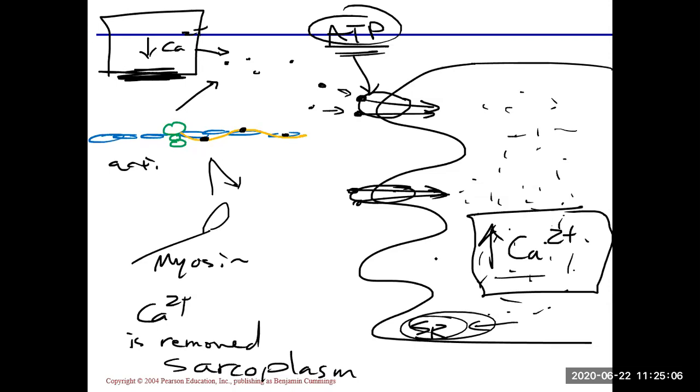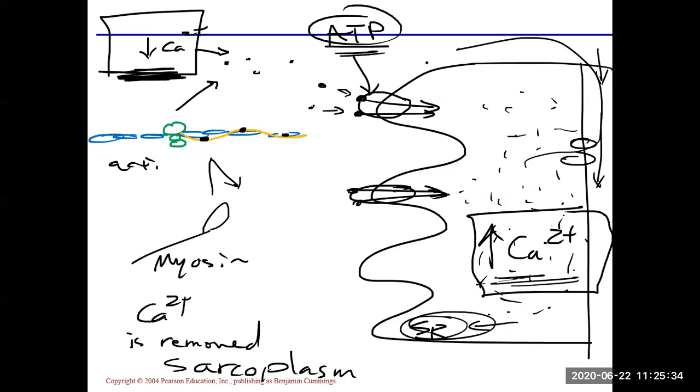I want you guys to think about the inside of the SR, which has a lot of calcium, as a bank. Inside of the bank, you have a lot of money. You may withdraw some money. That happens when you put in your code. That's what happens when an action potential comes in and voltage gated channels are opening, but they're not going to last because the action potential passes. So some of the calcium is getting out, causing the contraction, but you still have more money in the bank.